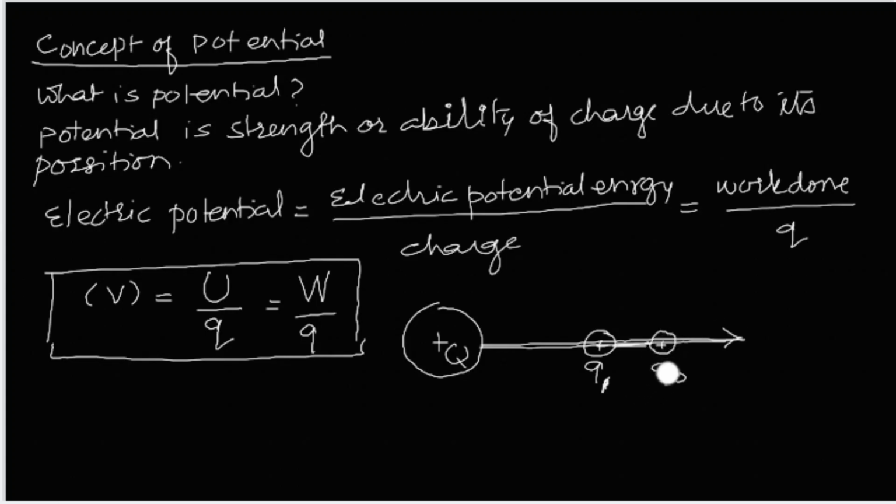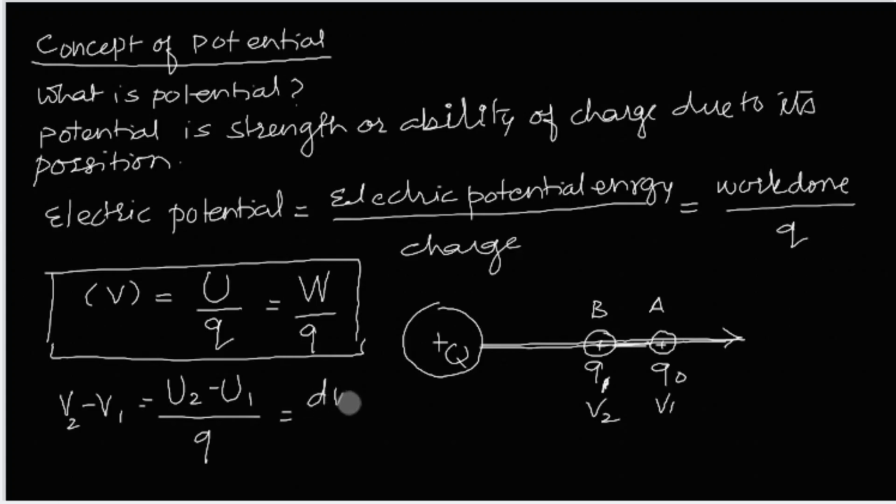Suppose the charge Q0 is at position A and this is at B. V1 is the potential of this and V2 is the potential of that. So the change in potential, V2 minus V1, equals U2 minus U1, the change in potential energy, divided by the charge, which is the work done to bring the charge from this position to this position.